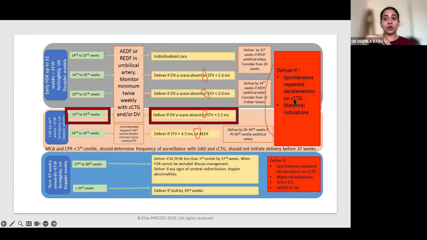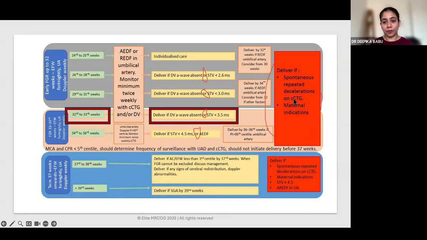Maternal indication like uncontrolled hypertension, significant proteinuria, she's almost in impending eclampsia, then you're delivering her immediately. You're not looking at any of these. That becomes a category 1 cesarean section for us for the maternal and fetal indication. If that is not there, then we look at these parameters, depending upon the gestational age: ductus venosus, short-term variations. But any one abnormality is enough for us to go and deliver the baby.